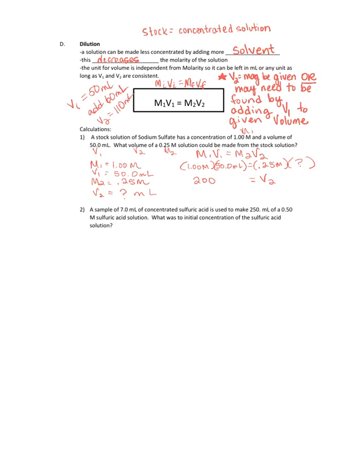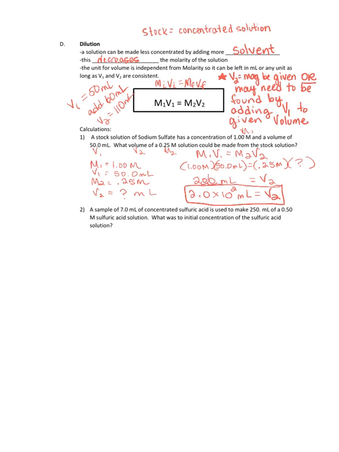And sig fig wise, 0.25 only has 2, so how do we make 200 have 2 sig figs? We got to put it into scientific notation, so 2.0 times 10 to the second milliliters is our V2.